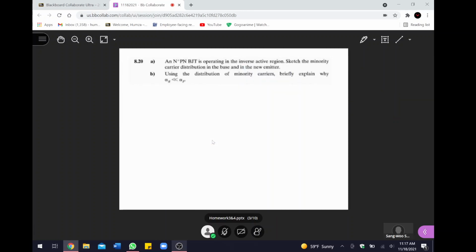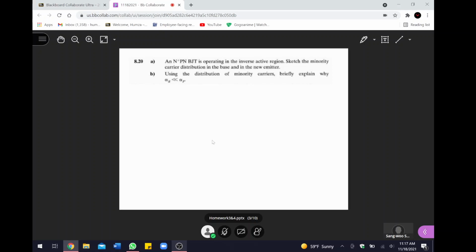Okay, 8.20. This one is again an n plus pn BJT, and in this case the BJT operates in the inverse active region. The first part asks us to sketch the minority carrier distribution in the base and the emitter and so on.